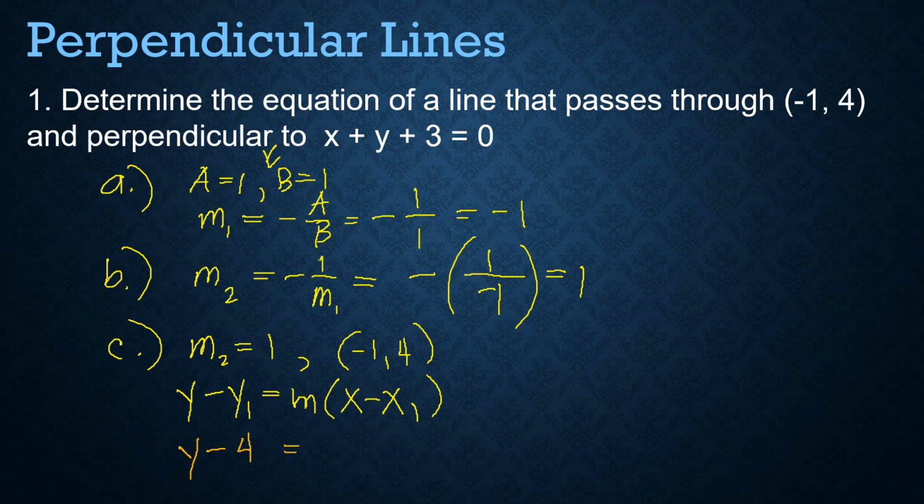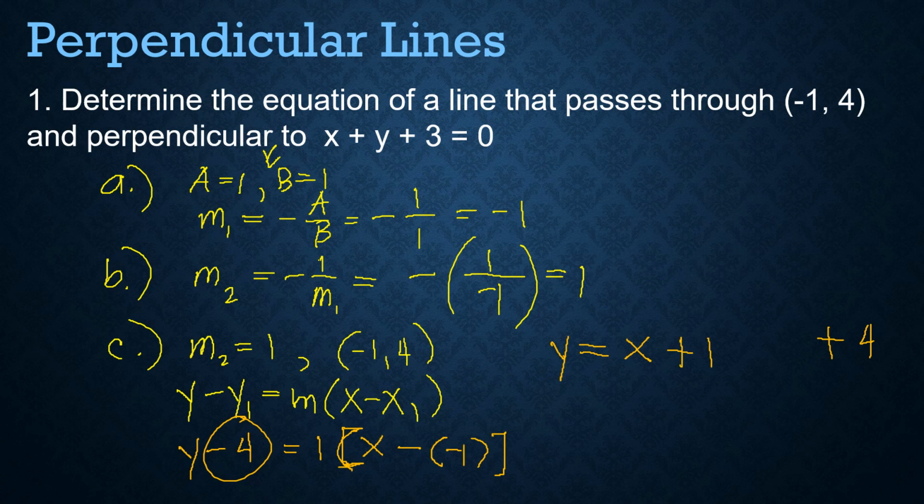Y minus 4, slope is 1, so x minus negative 1. So y can now move negative 4 to the other side, so plus 4. X plus 1. Negative and negative will be positive. So y is equal to x plus 5.